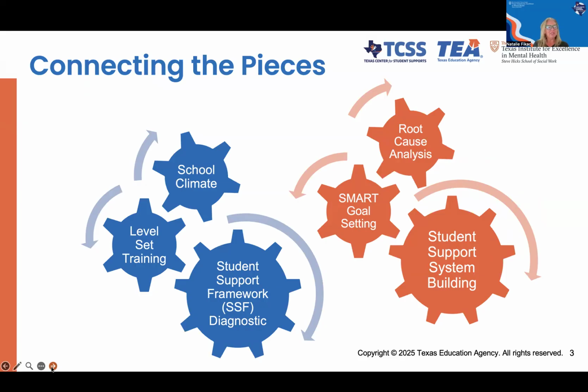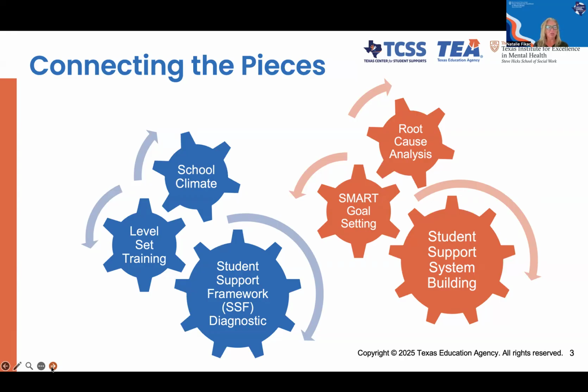Let's take a minute to look at the big picture and set the stage. You have completed level setting training on the Student Support Framework, or SSF diagnostic, conducted your school climate assessment, and are currently working through the 2025 school climate assessment, and completed either the SSF diagnostic or the SSF readiness check last spring.